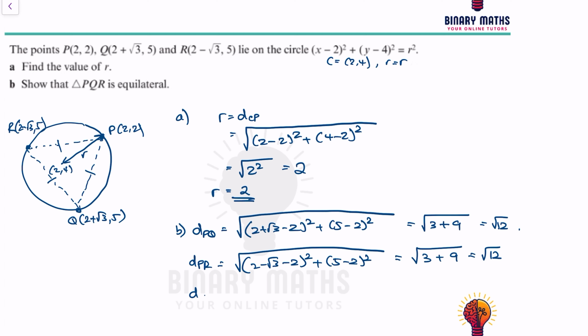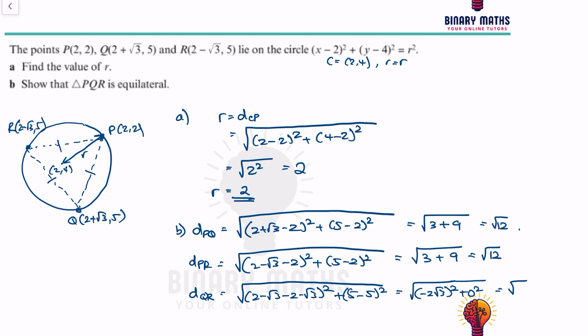Now I need to work out the distance between Q and R. So the difference in x squared is (2 minus root 3, take away 2, take away root 3) squared, plus (5 take away 5) squared. So you end up getting (negative 2 root 3) squared plus 0 squared, which gives you root of 12.